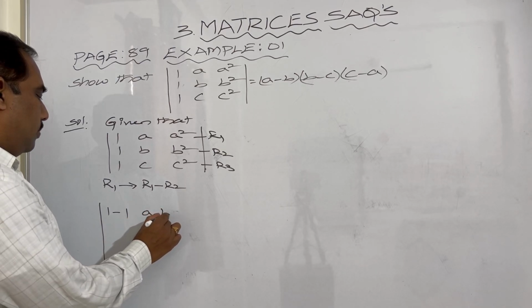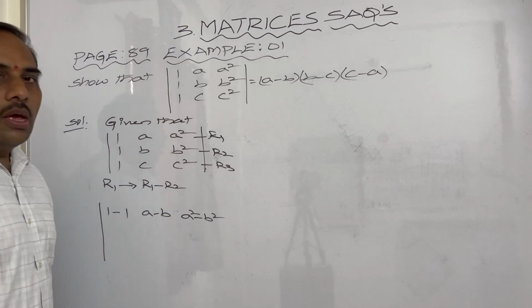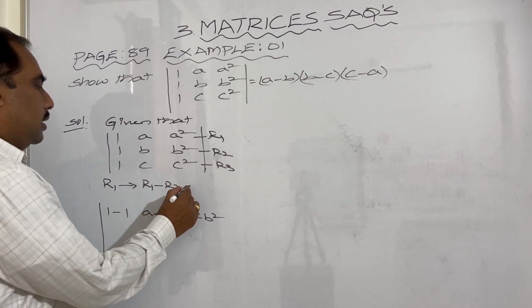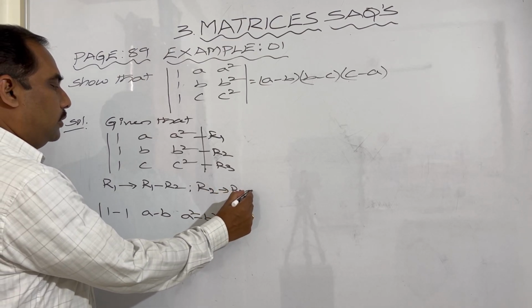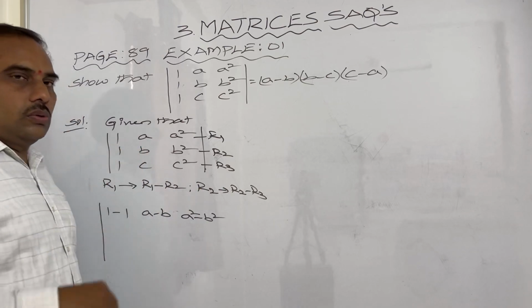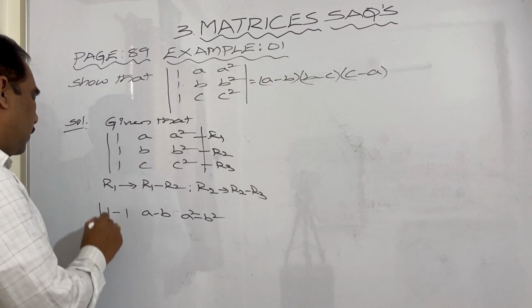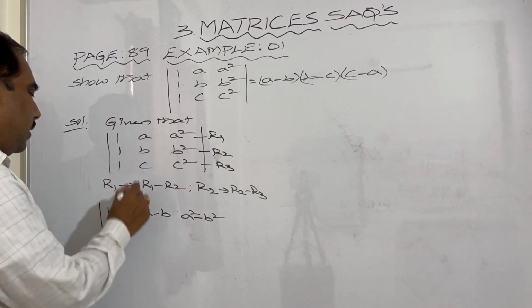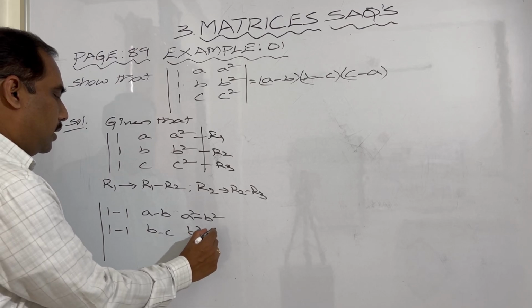So here a minus b, and this is a square minus b square. And similarly R2 goes to R2 minus R3, so writing in the place of R2, subtracting R3 from R2. That means 1 minus 1, then b minus c, and this is b square minus c square.